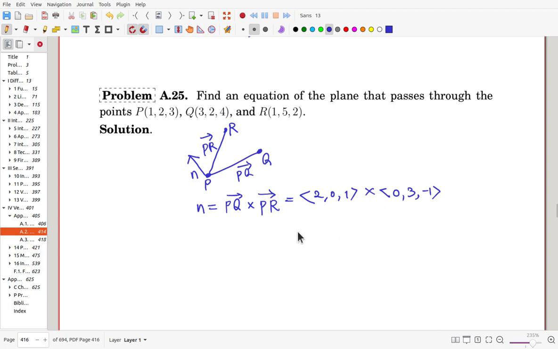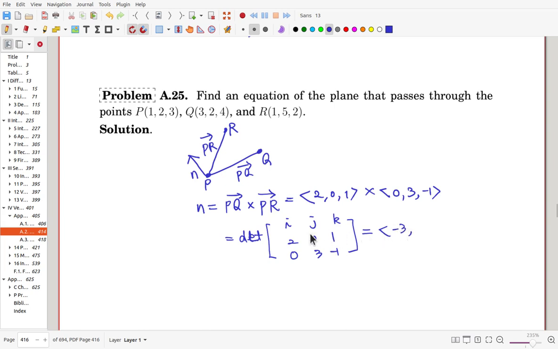Okay. Now how can we get this one? By using the formula, the determinant of the matrix with rows I, J, K. The first vector is 2, 0, 1. The second one is 0, 3, minus 1. Right? So for I, we have the determinant of the corresponding minor, which is 0, minus 3.